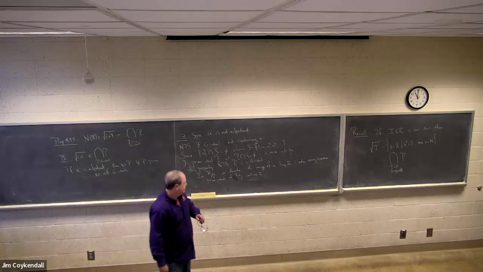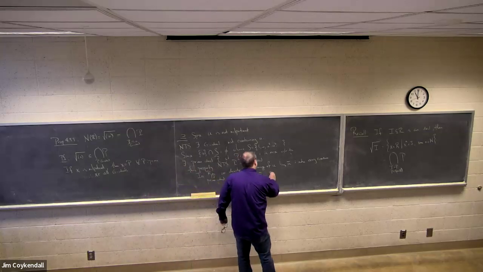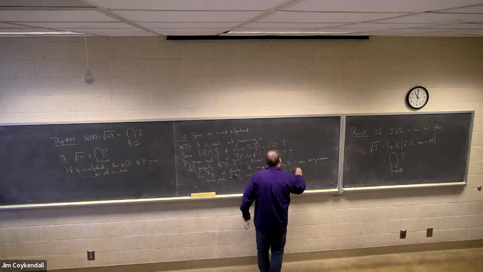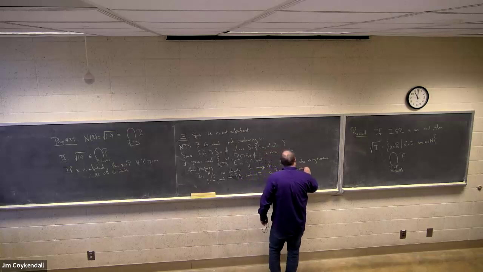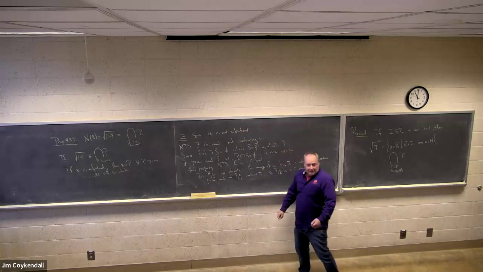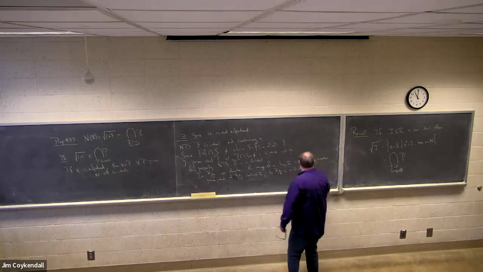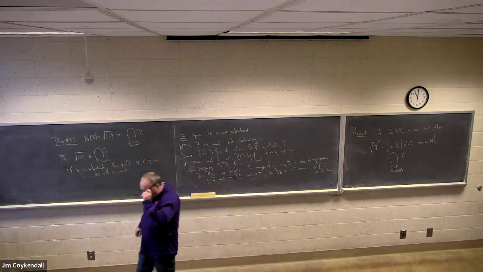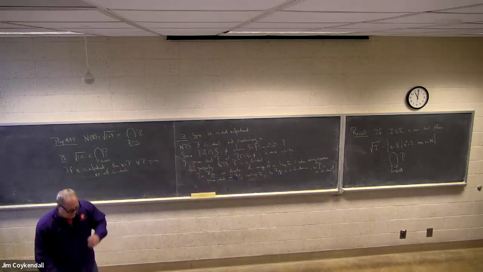So R mod P is a G domain, since u bar is contained in every non-zero prime. So P is a G ideal. And there. Okay, any questions on that?